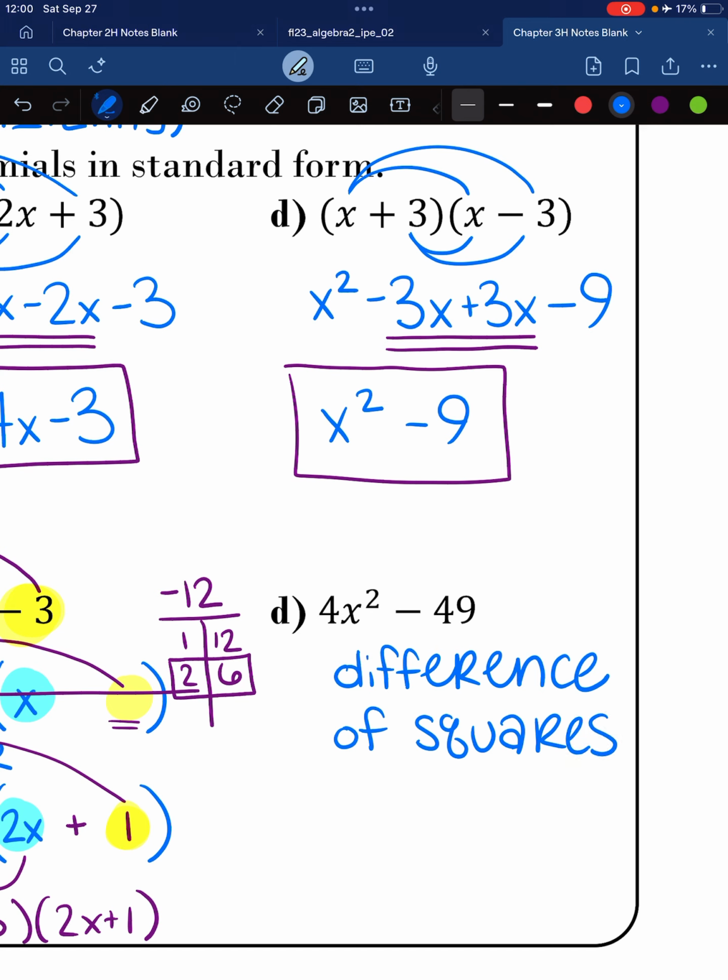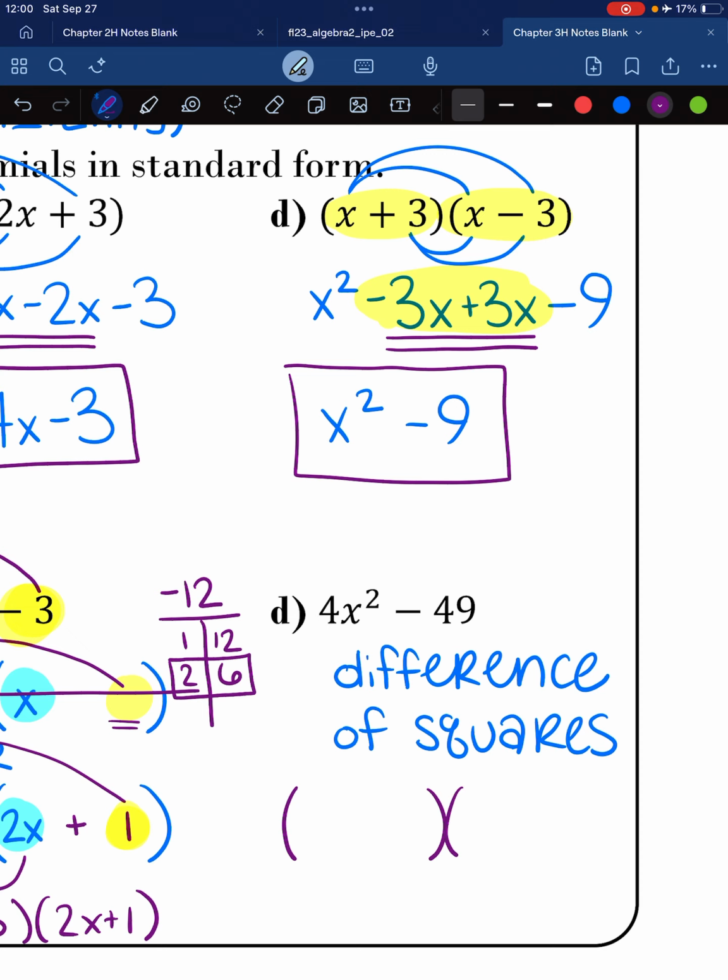If we compare that to example D above, notice that we have almost the exact same parentheses, and that's how this middle term ends up going away. The only difference is that one has a positive and one has a negative. And again, that's how those middle two terms negate each other. That's only going to work if I have perfect squares.